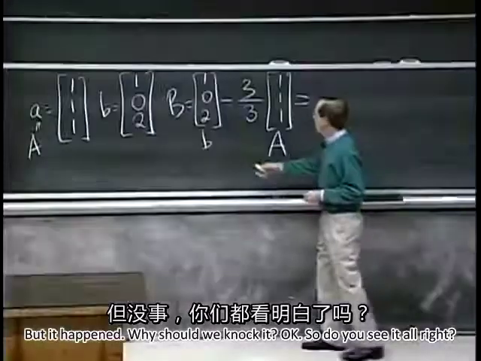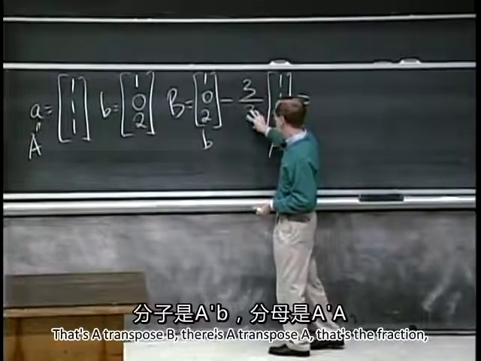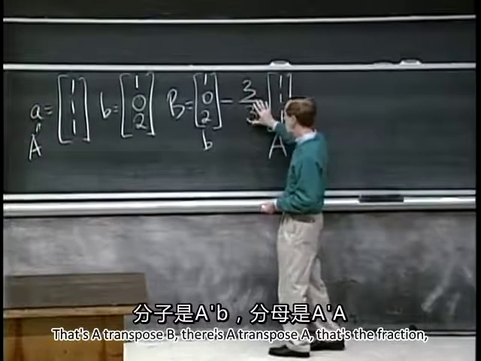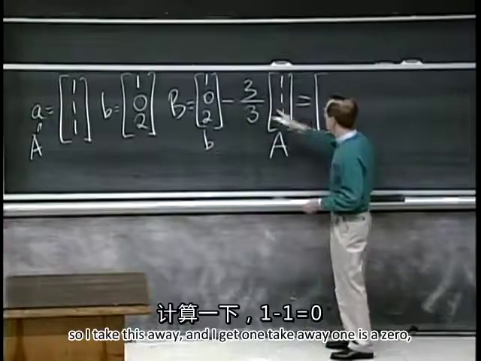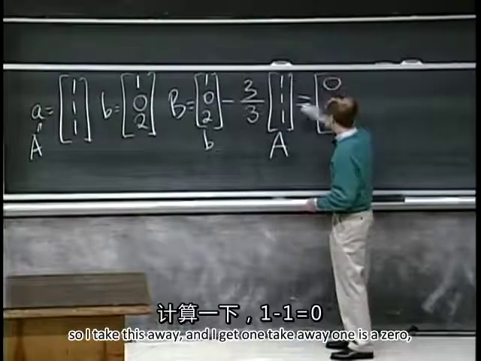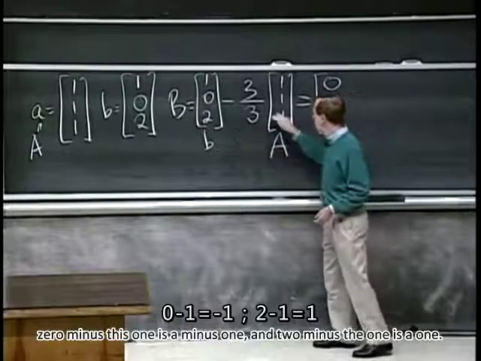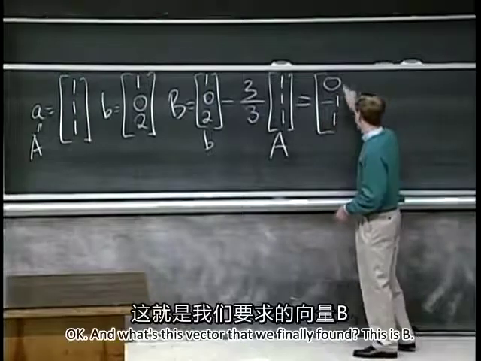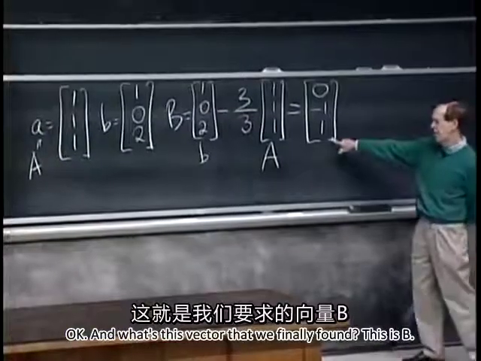Okay, so do you see it all right? That's A transpose B. There's A transpose A. That's the fraction. So I take this away, and I get 1 take away 1 is a 0. 0 minus this 1 is a minus 1. And 2 minus the 1 is a 1. Okay. And what's this vector that we finally found?